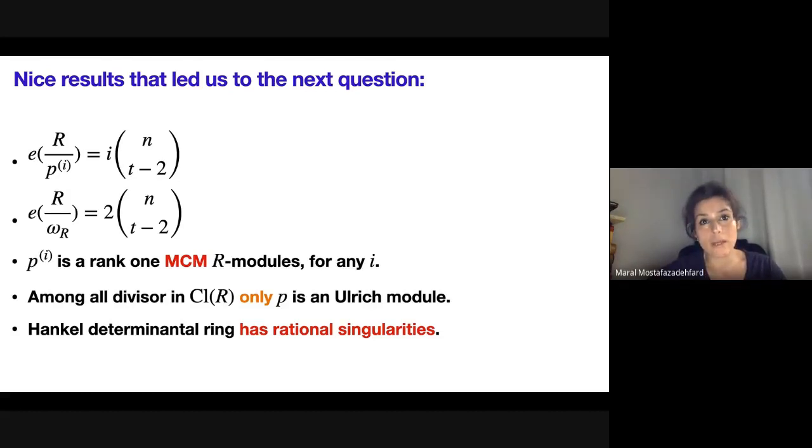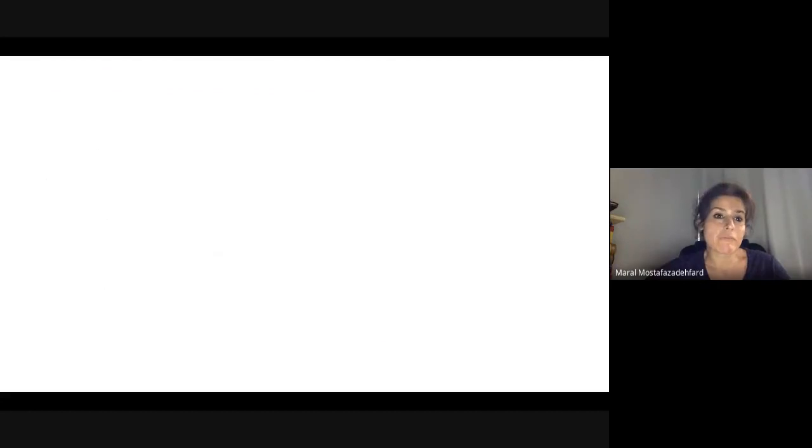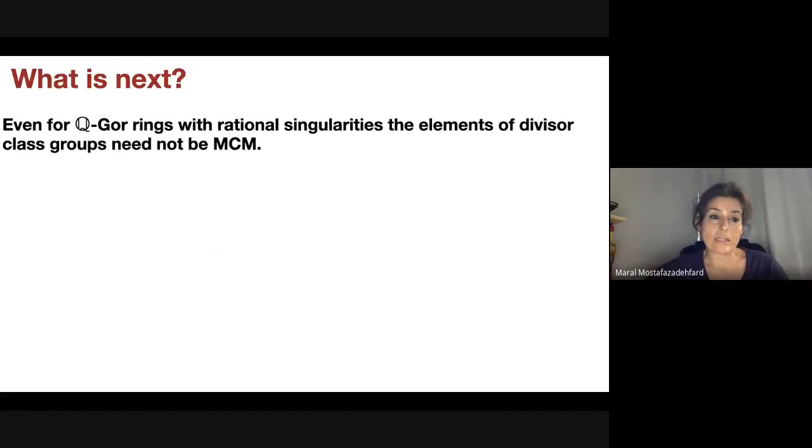But actually, if you have Q-Gorenstein rings with rational singularities, it need not be true that all of the divisor classes are maximal Cohen-Macaulay. There are examples where they are not. So we have a better property.